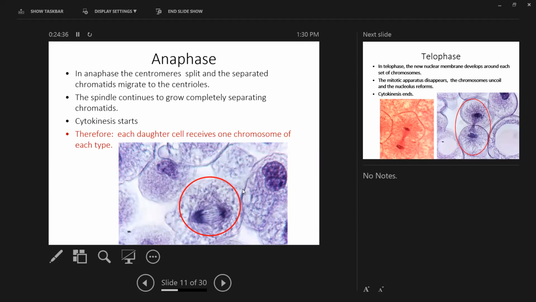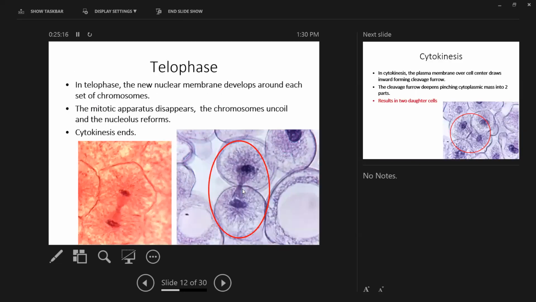I often think of one of those balloon animals you see at the fair or the carnival, shaped like a dog or something. You know how they twist the balloon and you end up with what looks like two separate segments. The cell membrane sort of looks like that, only with the balloon animal you can't pull it apart, but here it actually does enable it to separate. So anyway, cytokinesis starts in anaphase.